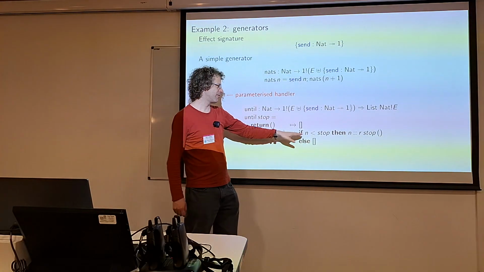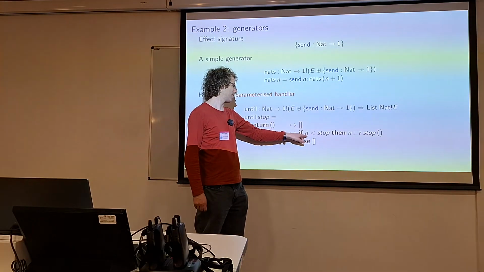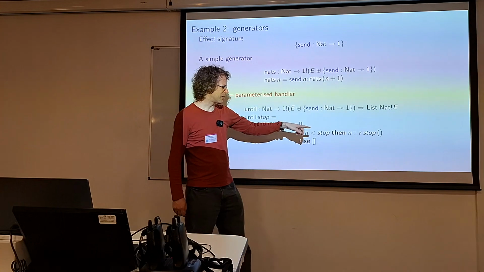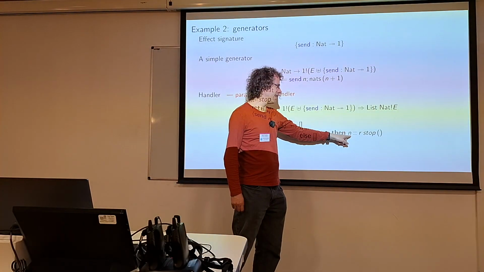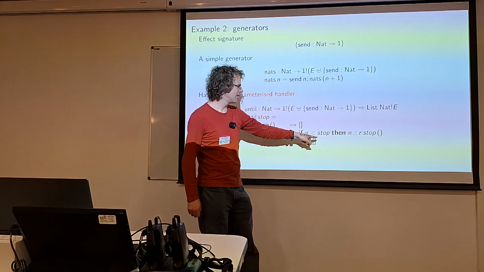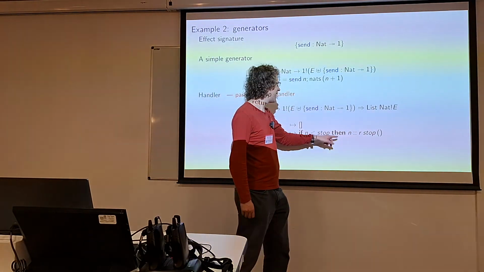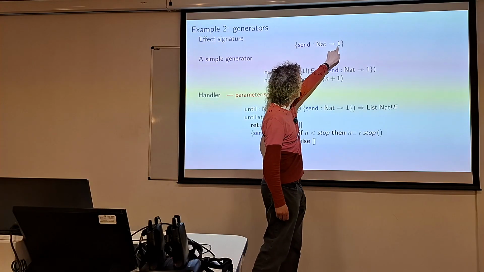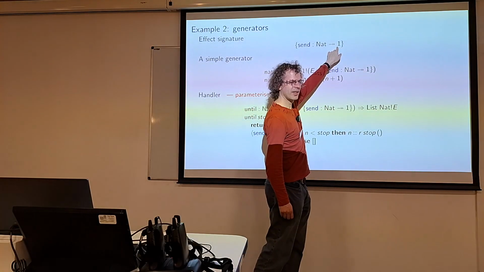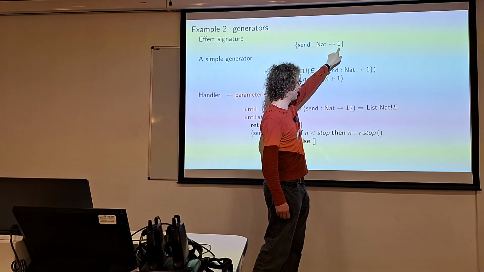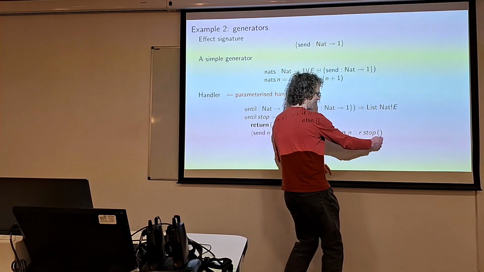If n is less than stop, then we just output n in our list and invoke the resumption. Now, normally when we invoke a resumption, you give it the return type of the operation, unit, and that's this bit here.